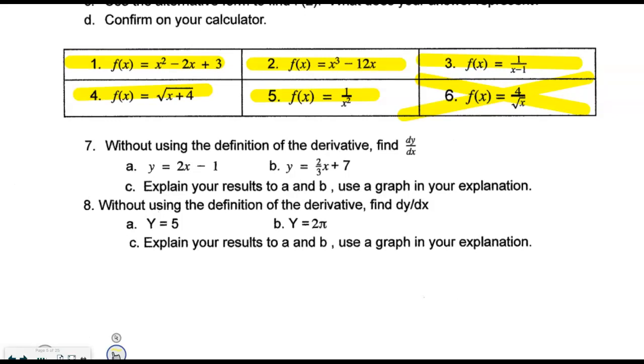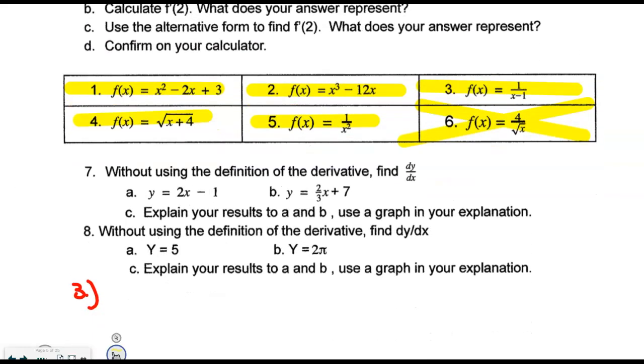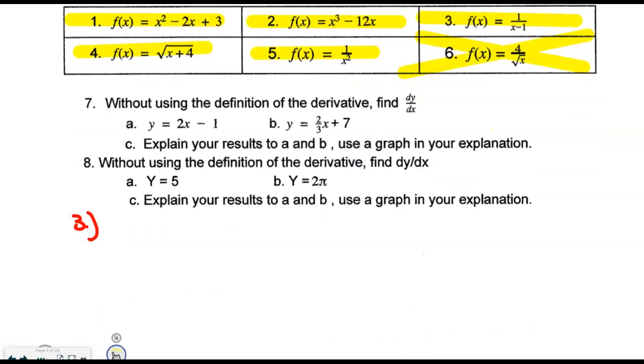All right, so number 3 says find f prime of x. That's our limit as h approaches 0 of f of x plus h minus f of x all over h.